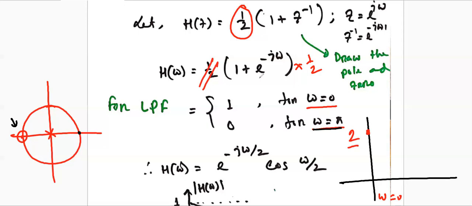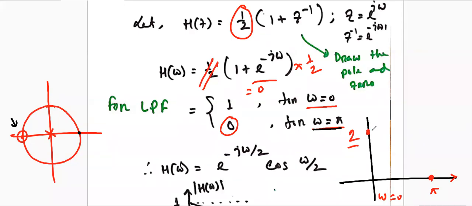So elaborate this term in cos and sine. Cos pi, what is the value of cos pi? That is -1. And so -1 and +1 actually gives 0. So that's why we got 0 at omega equals pi. So if we consider here at omega equals pi, the amplitude is equal to 0.